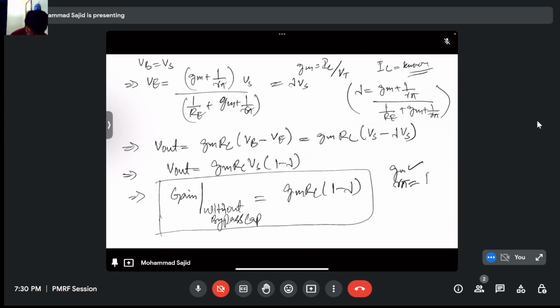Beta by GM. Please do check it, is it correct or not. And these values will be known to you now. Now you can find lambda, then you can find gain. Then what you have to do is, if this is gain 2 and previous one is gain 1, you have to find gain 1 by gain 2. This is now only based on calculations.